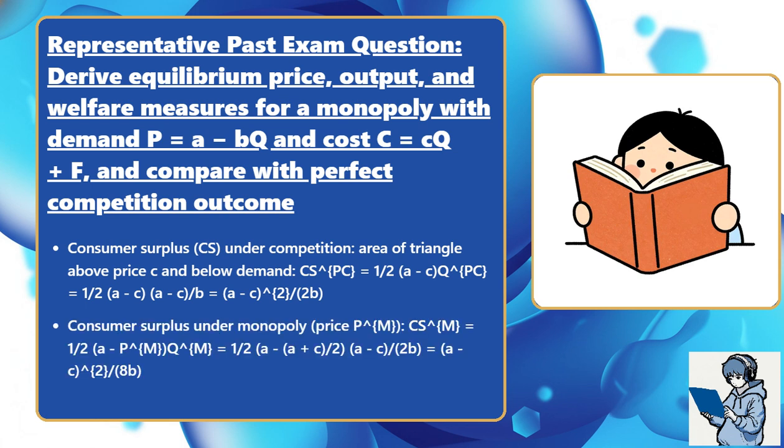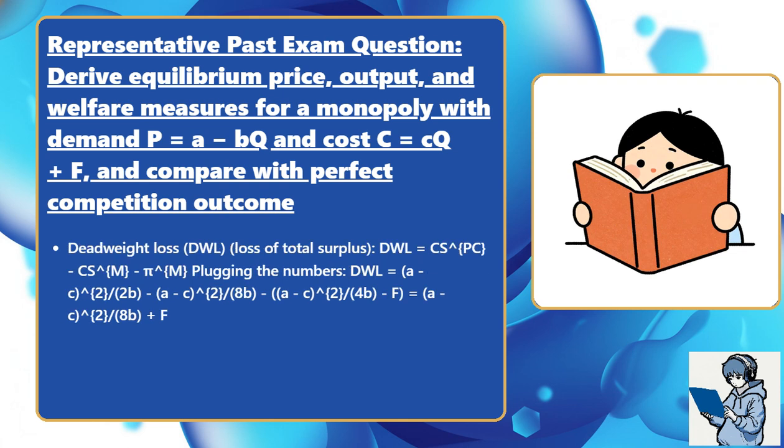Consumer surplus under monopoly, price P_M, equals 1/2 times (a minus P_M) times Q_M, which equals 1/2 times (a minus (a plus c) divided by 2) times (a minus c) divided by 2B, simplifying to (a minus c) squared divided by 8B.